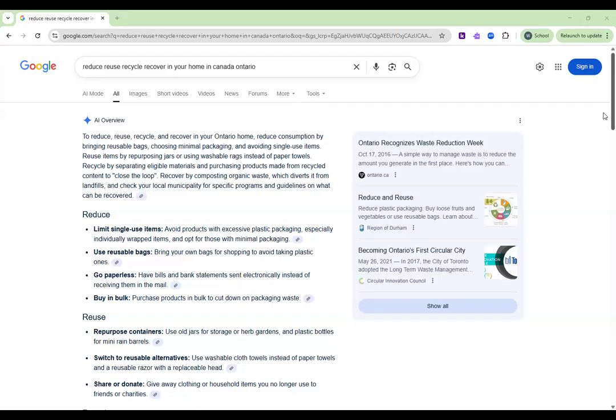Second item is use reusable bags. Avoid taking plastic bags. I don't think there are any anymore, right? Everybody brings their own bags now. They're all reusable bags when you go shopping.